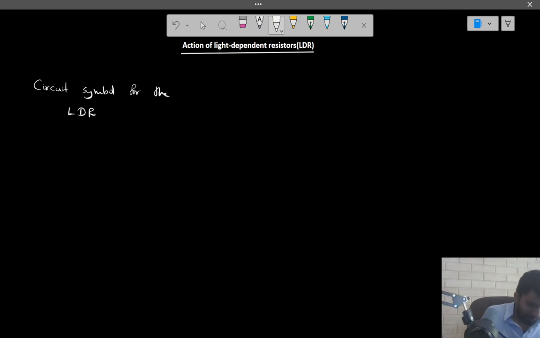You can see a resistor, and then you can see some arrows to indicate that some light is falling on the resistor. So this is the symbol.